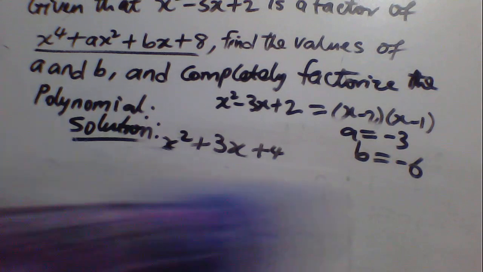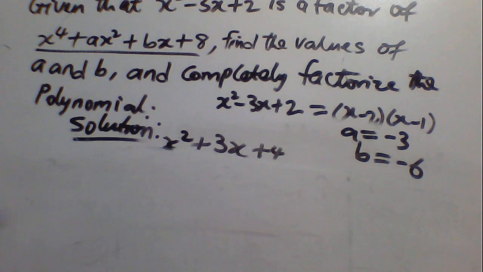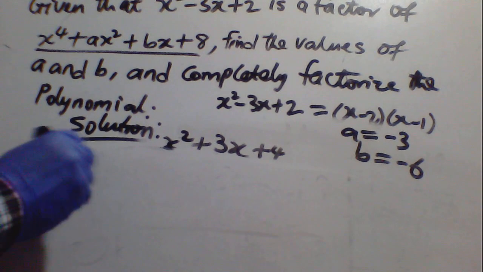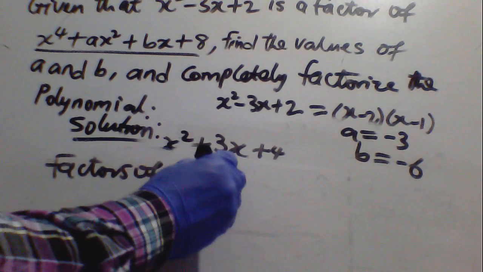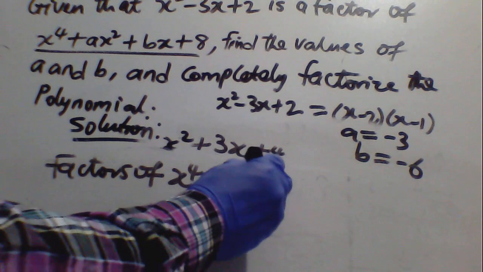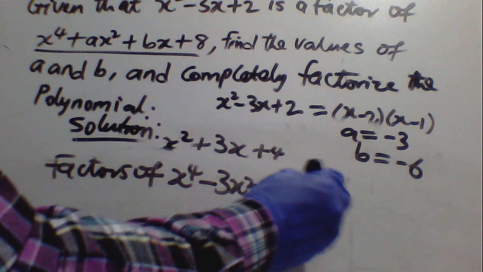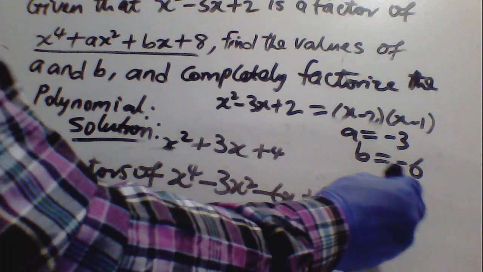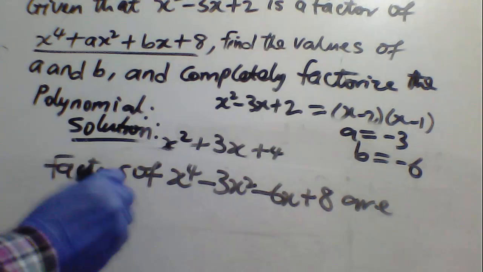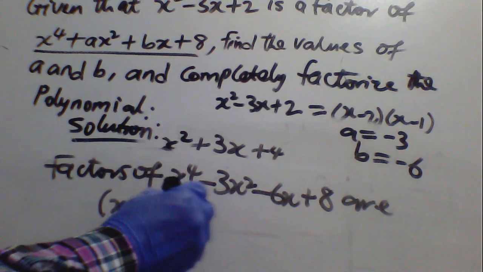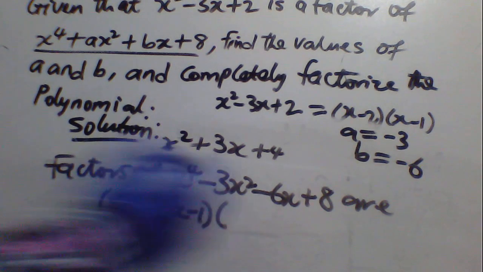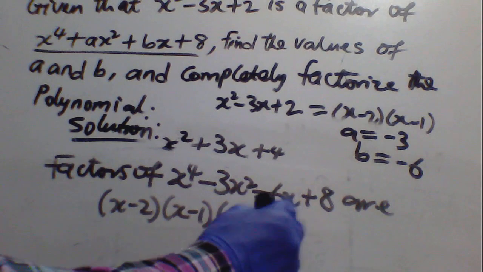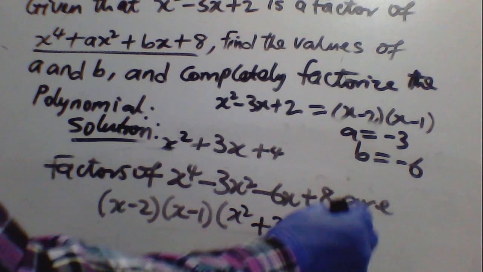So the result of the factorization, the factors of x raised to power 4 minus 3x squared minus 6x plus 8 are, in this case, x minus 2, x minus 1, and this value here, that gives us x squared plus 3x plus 4.